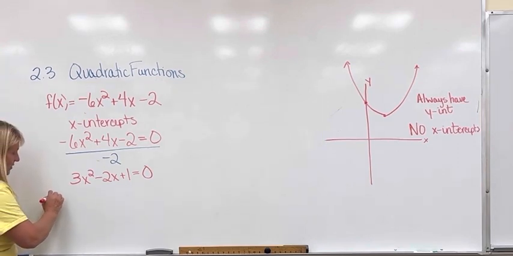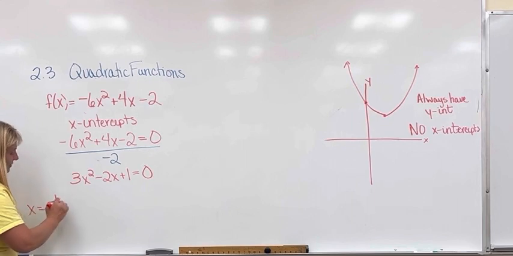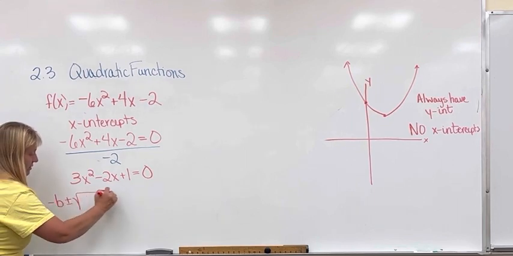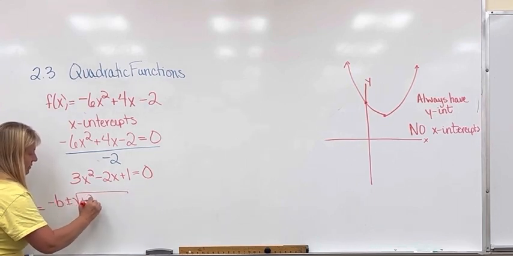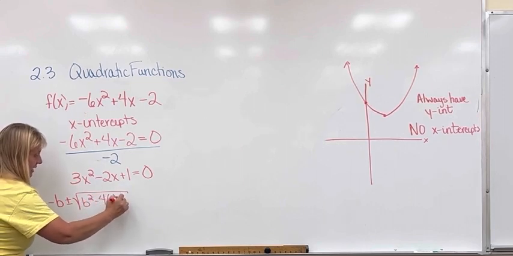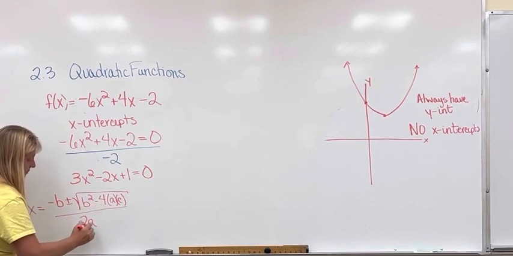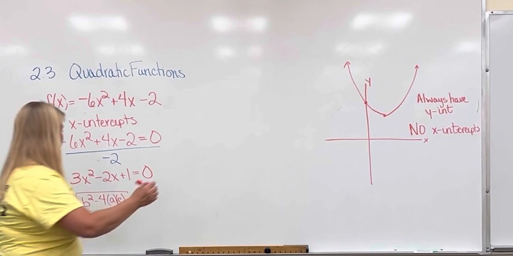Remembering the quadratic formula: x equals negative b plus or minus the square root of b squared minus 4ac, all over 2a. Let's start plugging in the pieces.